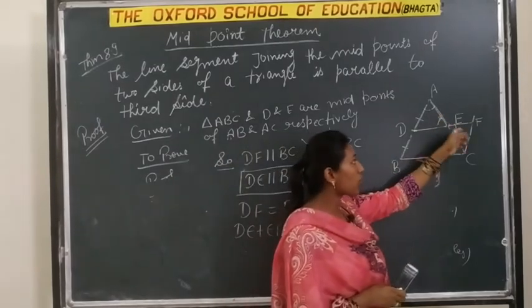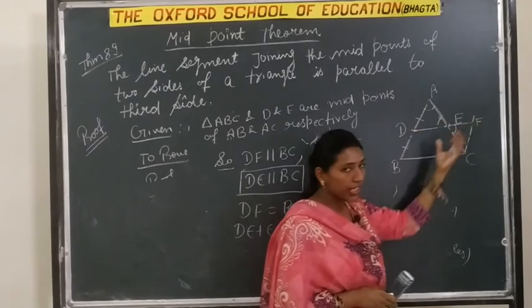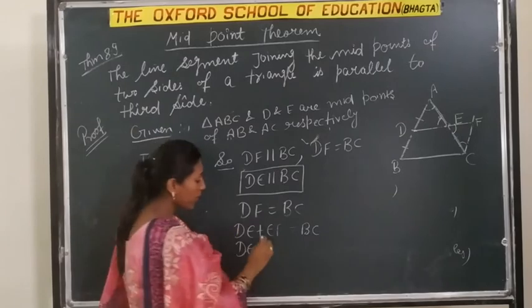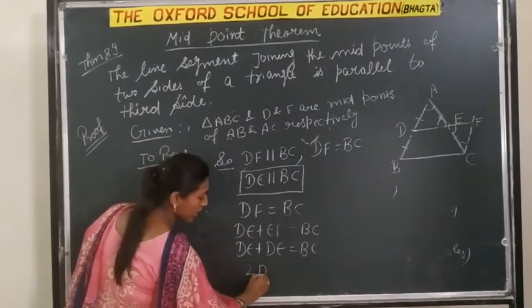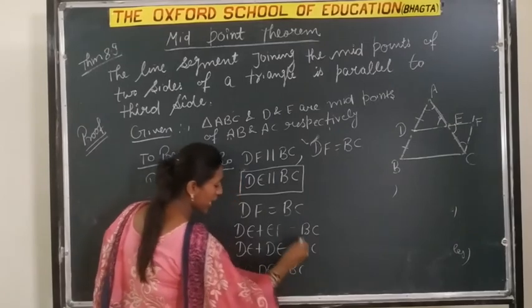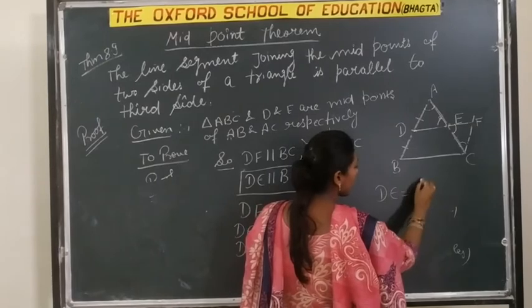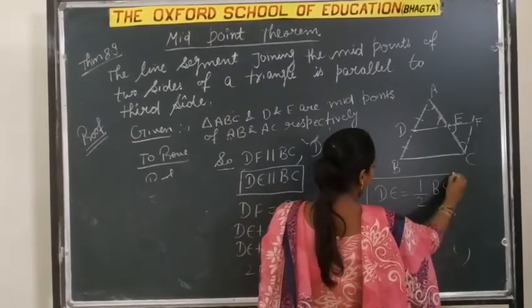We proved these two triangles are congruent, then by CPCT, DE equals EF. So in place of EF, write DE. This becomes 2 times DE. Now transfer this 2 to the right-hand side. This becomes DE equal to 1 by 2 BC. So this is the second part.